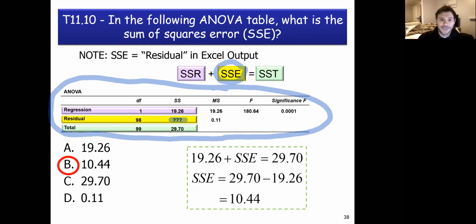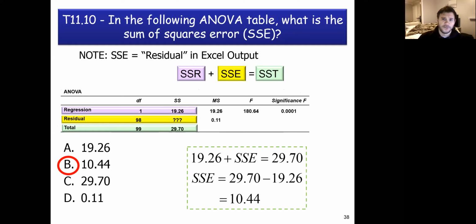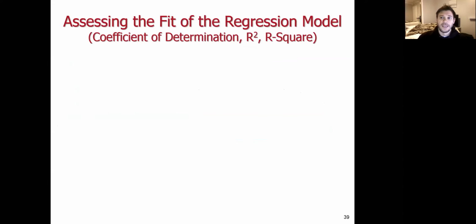Now, these values, SSR, SSE, and SST, are important because they're related to the coefficient of determination, which is also known as R-squared, the R-squared of a regression. The R-squared of a regression measures the degree of fit in the data relative to our model. So it's asking, how well does the model fit the data?